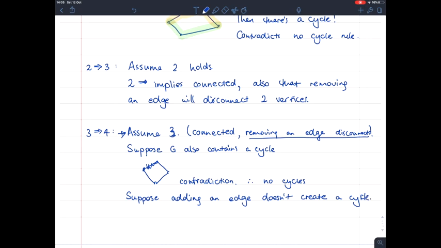We're assuming that 3 holds, so we have a connected graph and removing an edge will result in something being disconnected.